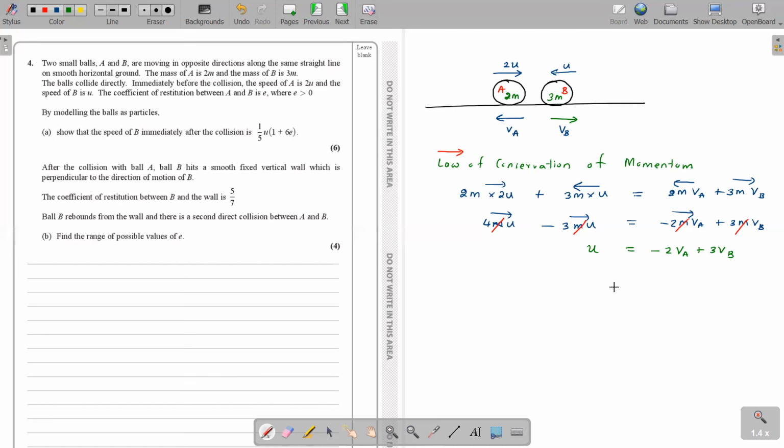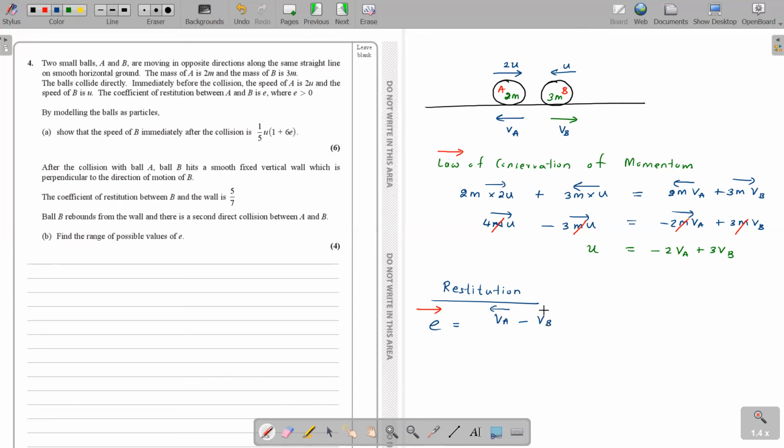Okay, so then the next one, we use the law of restitution. How does the restitution law work? e is equal to speed of separation divided by speed of approach. Here also choose a positive direction. I'll choose forward as positive. So separation: shall I take VA minus VB?